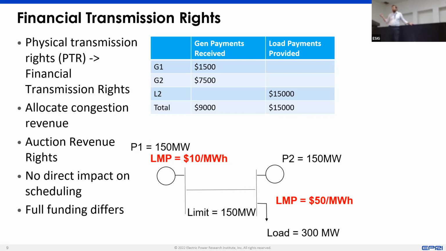So the ISO is pocketing all that money and going on trips and things like that? No, so that is money that's being provided to the owners of those financial transmission rights. And ultimately, that's getting back to consumers in terms of the auction revenue rights.